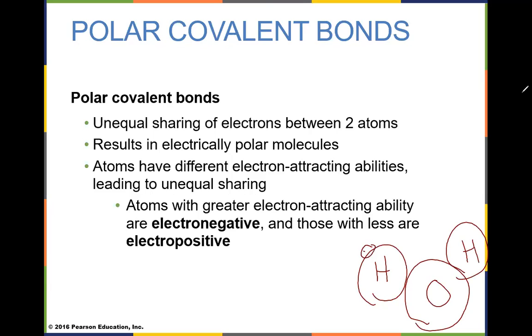Hydrogen has one electron, and we have 6 electrons in the outer shell of the oxygen. So this is oxygen. This electron spins in orbit and satisfies the need to have 8 in that outer shell. And that's all well and good, and the water molecule is happy, if it could be happy.